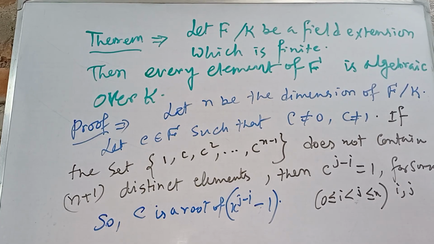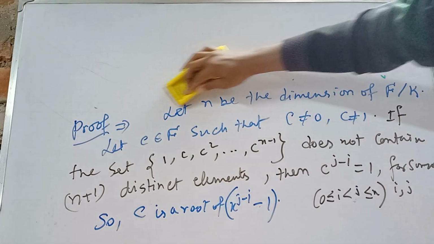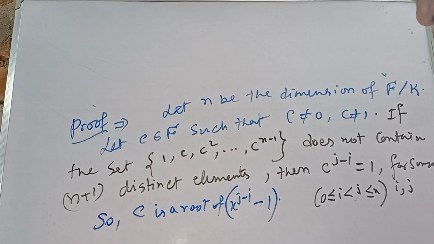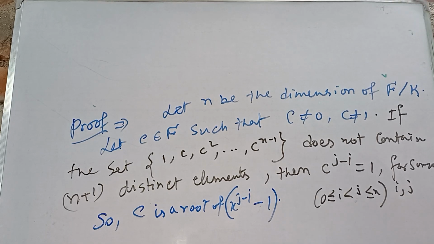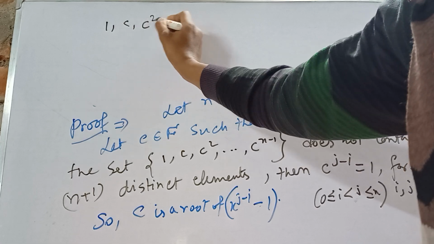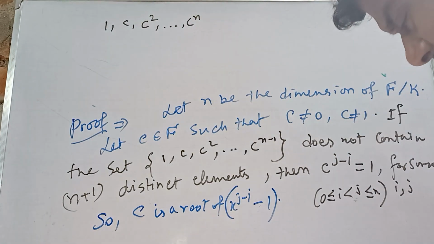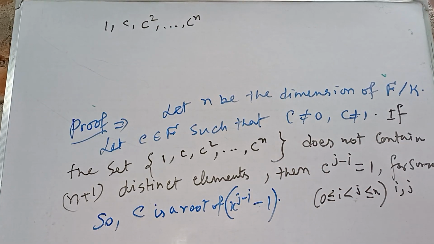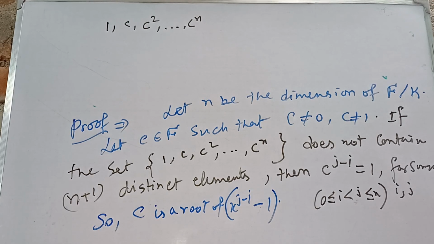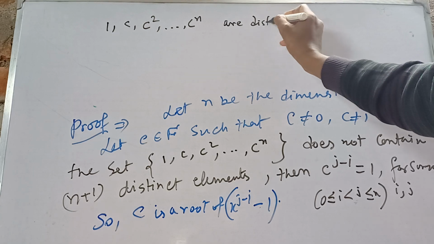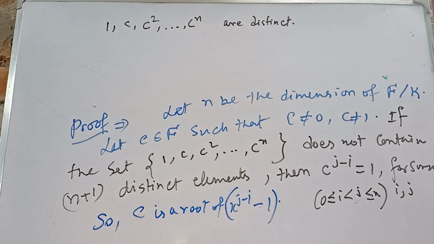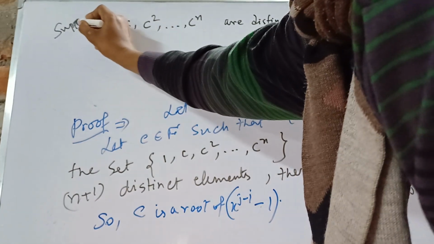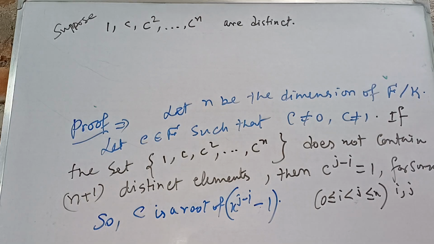Now suppose 1, c, c squared, up to c to the power n are all distinct.